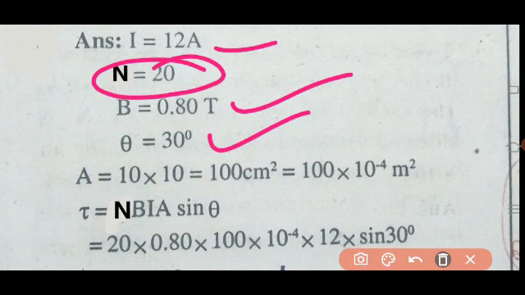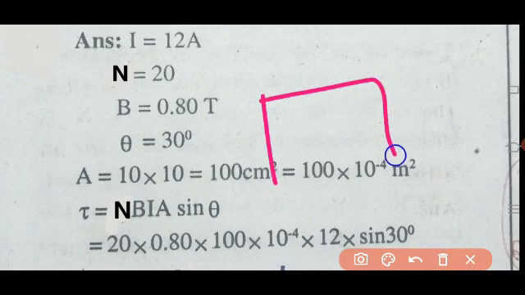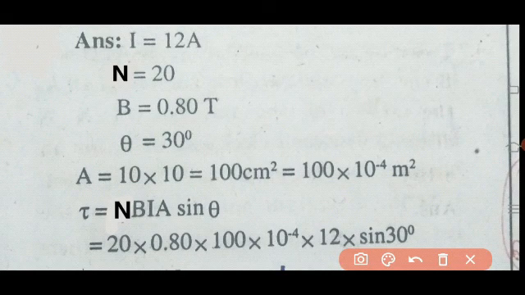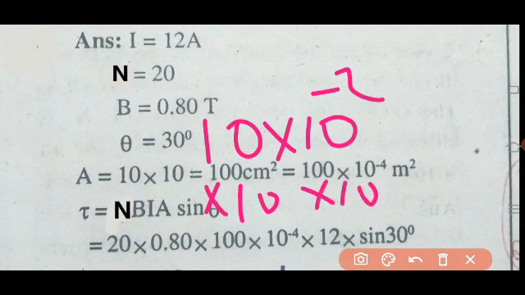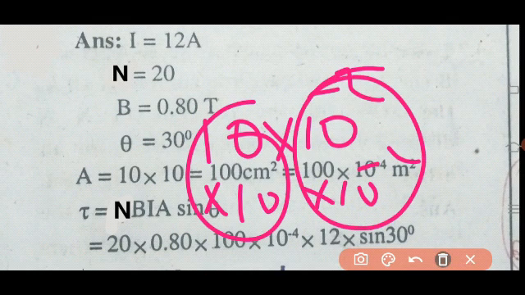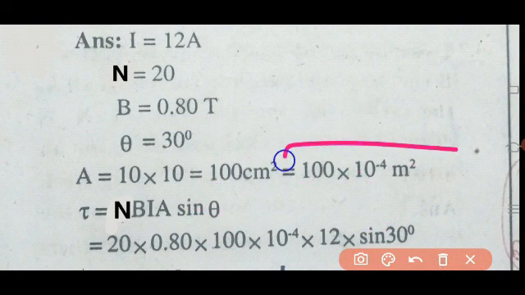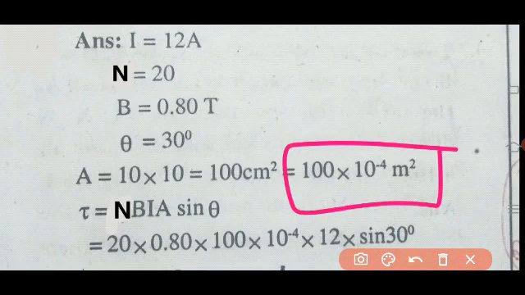Area: one side of the square is 10 centimeter, the other side is 10 centimeter. What is the formula? L into L for the square. That is 10 into 10 to the power of minus 2 into 10 into 10 to the power of minus 2. How much will we get? 100 into 10 to the power of minus 4. That is the area of this coil.